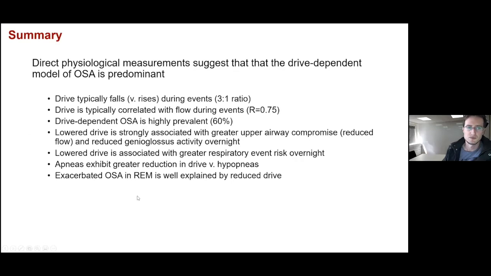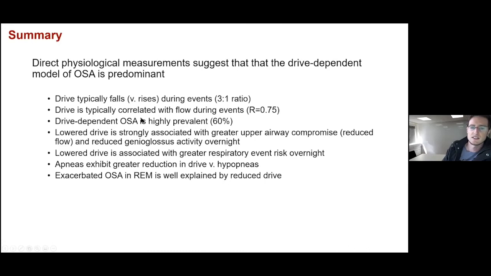So in summary, the things we've seen so far today, our direct physiological measurements of flow, drive, and upper airway muscle activity, suggest that the drive-dependent model of OSA is, I would say, unexpectedly predominant. Drive typically falls instead of rises during events. There's a 3-to-1 ratio of falling versus rising events.